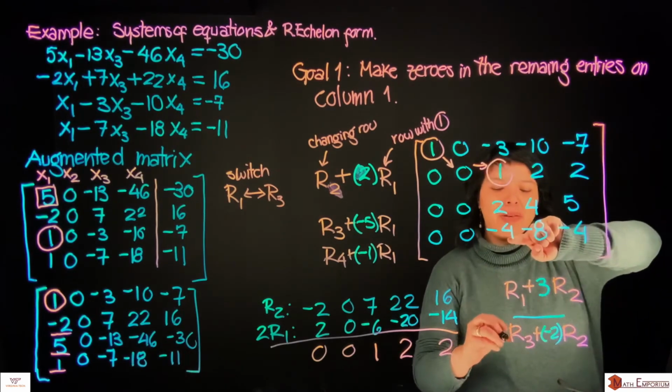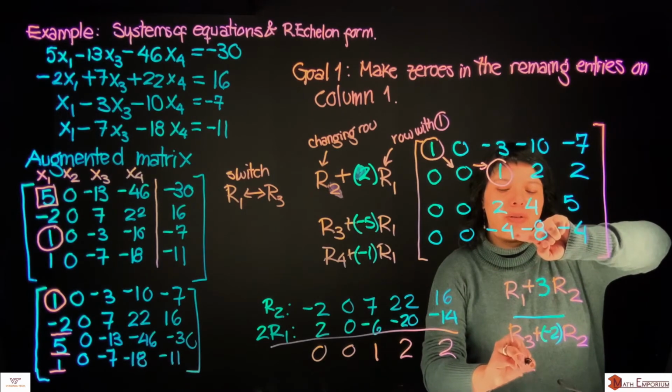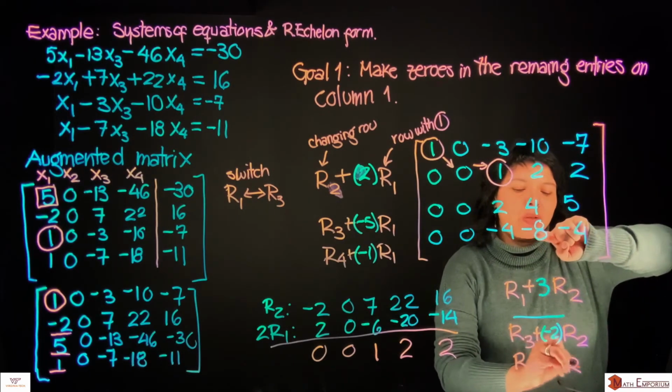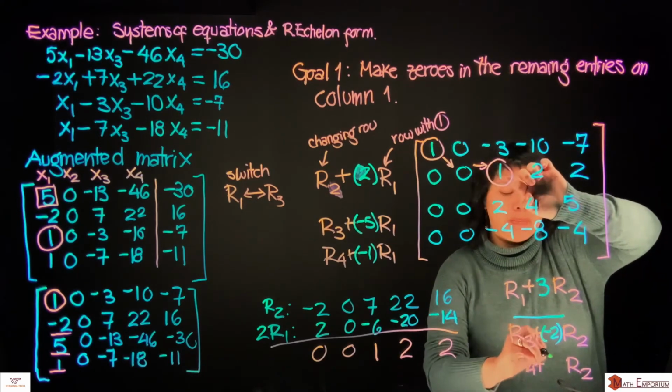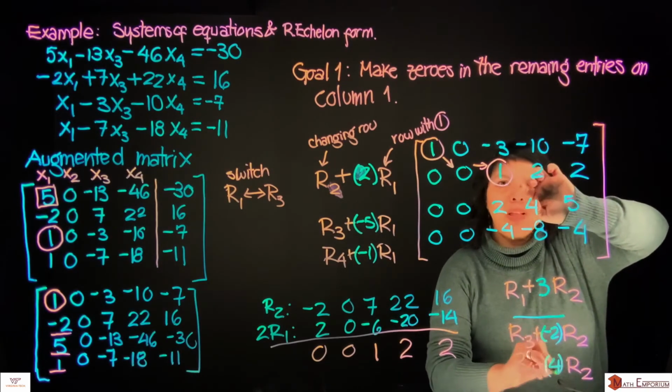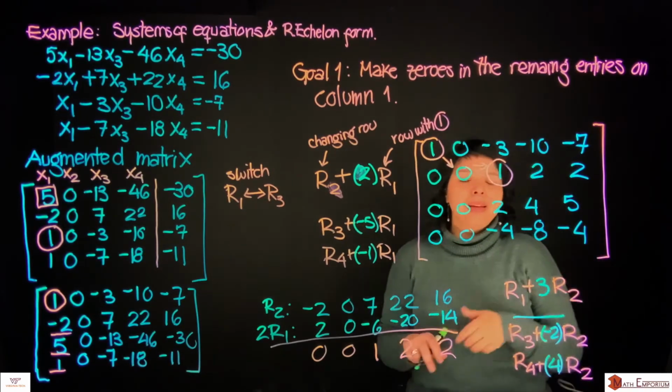And finally, for the last row, the row that is changing is row 4. The row that I'm using is row 2. The constant that I need to multiply is going to be +4, right? Because 4 times this will give me a 4, adding to -4, that gives me a 0.